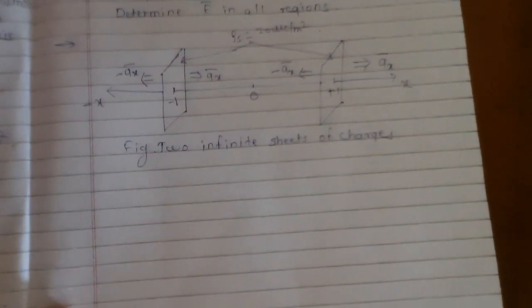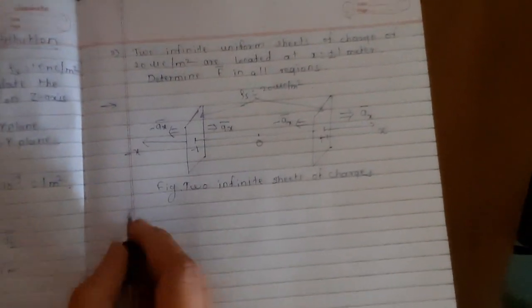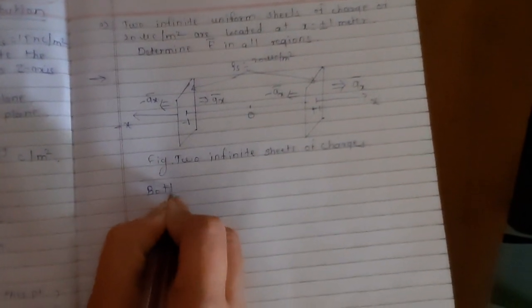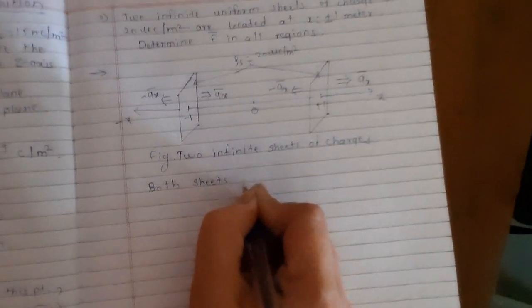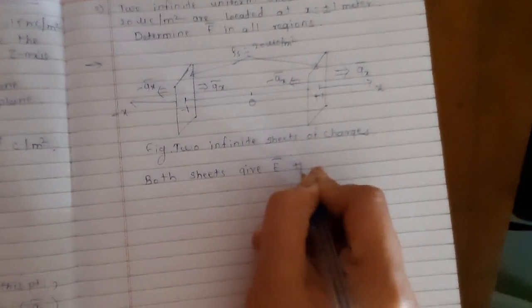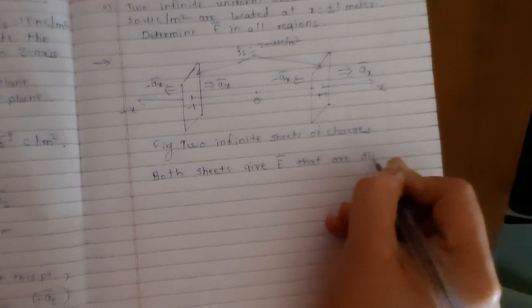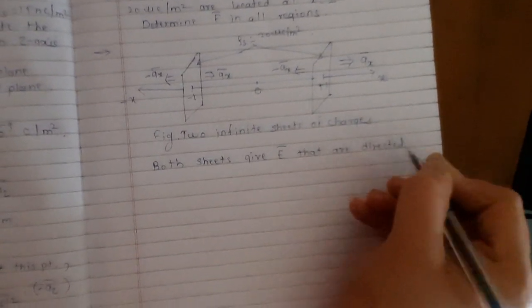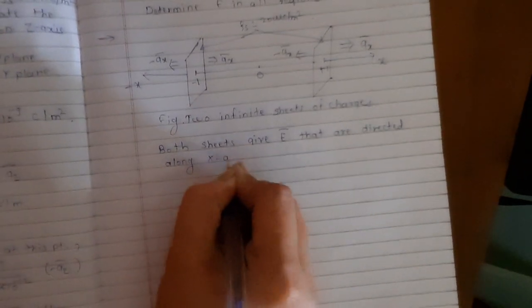So here both sheets give E bar that are directed along the x-axis.